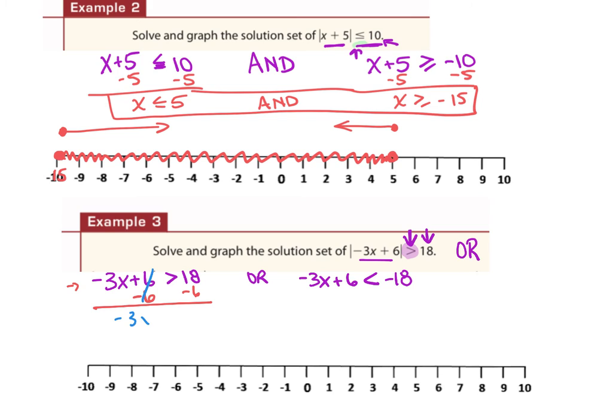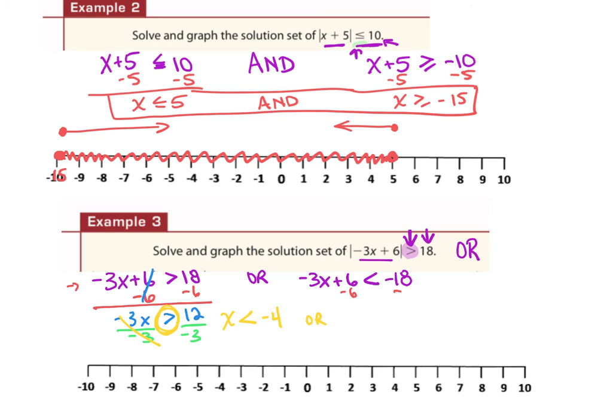I have negative 3x is greater than, what's 18 minus 6? 12. My last step over here, divide by negative 3. What happens when I divide by a negative 3? What happens here? So less than. What's 12 divided by negative 3? Negative 4, and I have an or.